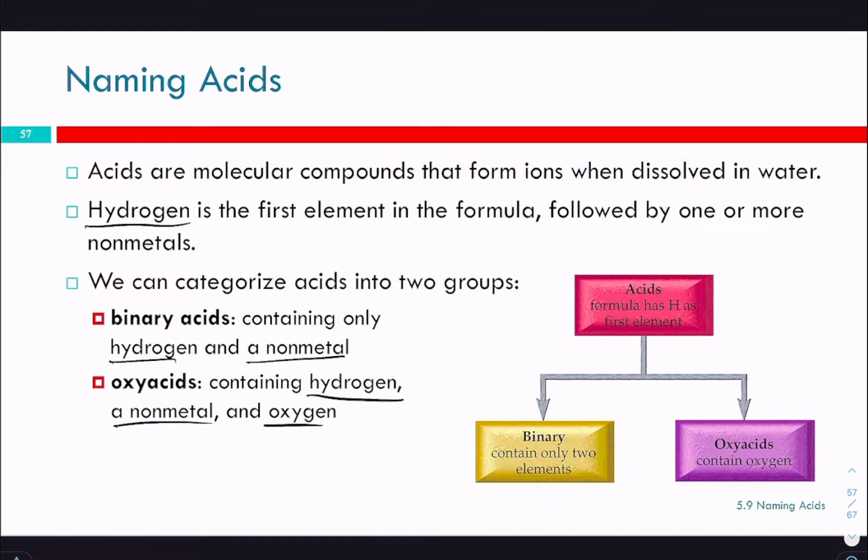So if you're trying to identify a compound, you can really look at the first element. If it's a metal, then it's ionic. If it's a nonmetal, well, a nonmetal except hydrogen, it's molecular.